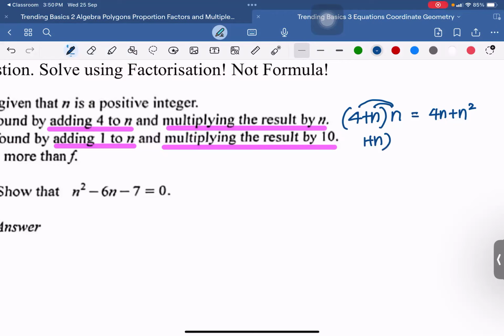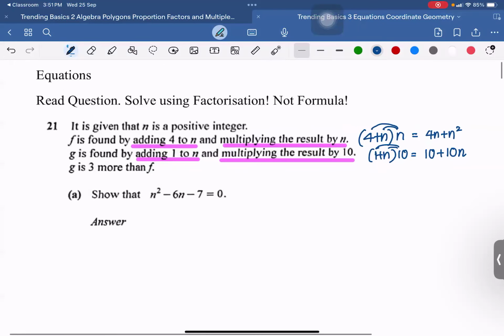Then after that, I must multiply the result by what number? Multiply by 10. Correct. Lynn also correct. Okay, good. So I'm going to multiply this by 10. So 10 plus 10n. So we need to handle the statement part by part, interpret it first.